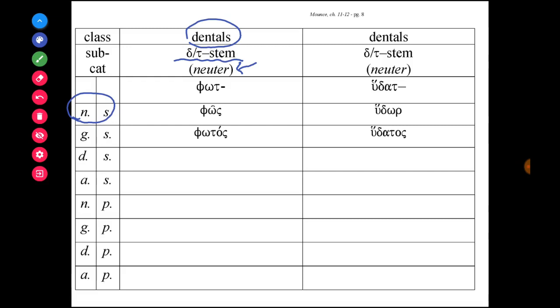But let's go over the neuter endings for the third declension noun. And so the case endings are, if you remember, nothing, os, i, nothing, a, on, si or sin, and a. And again, it's the genitive singular that tells us the stem.